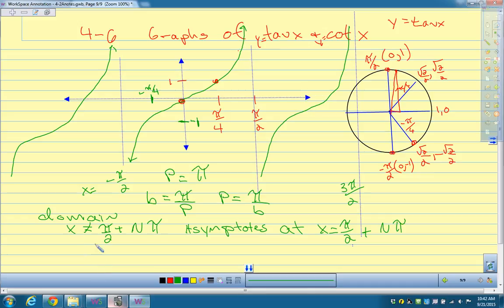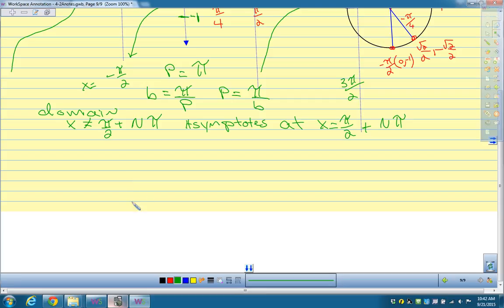The domain I talked about, it has intercepts. I need more room. I could go down. That's okay. I think red shows up better. Intercepts at multiples of pi, okay? So intercepts at x equals 0, at x equals pi, at x equals negative pi, at x equals 2 pi.